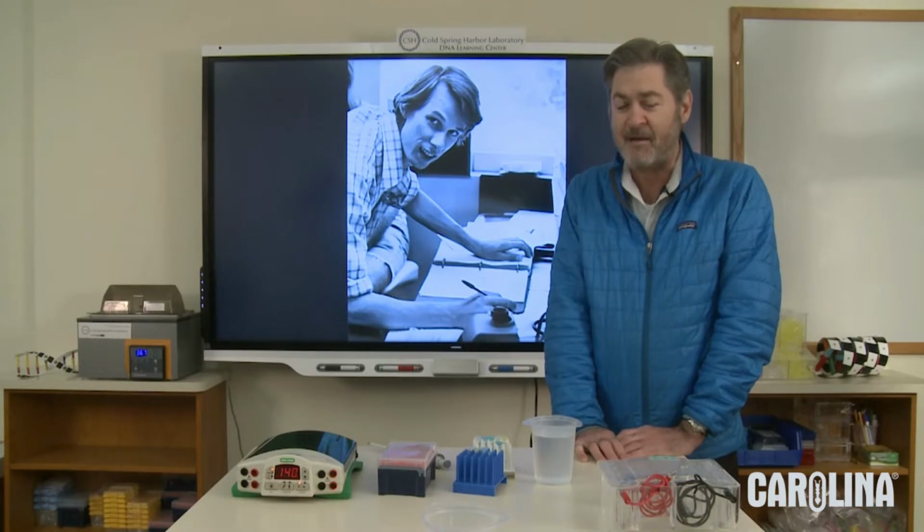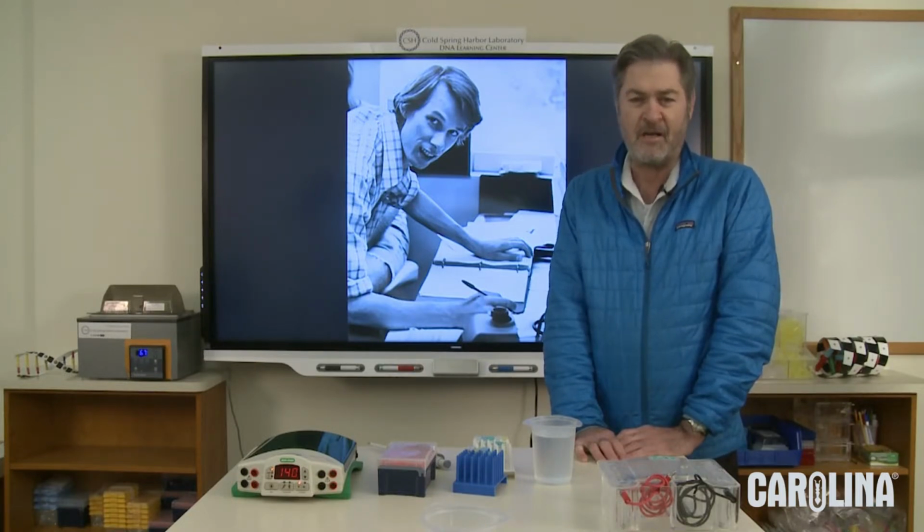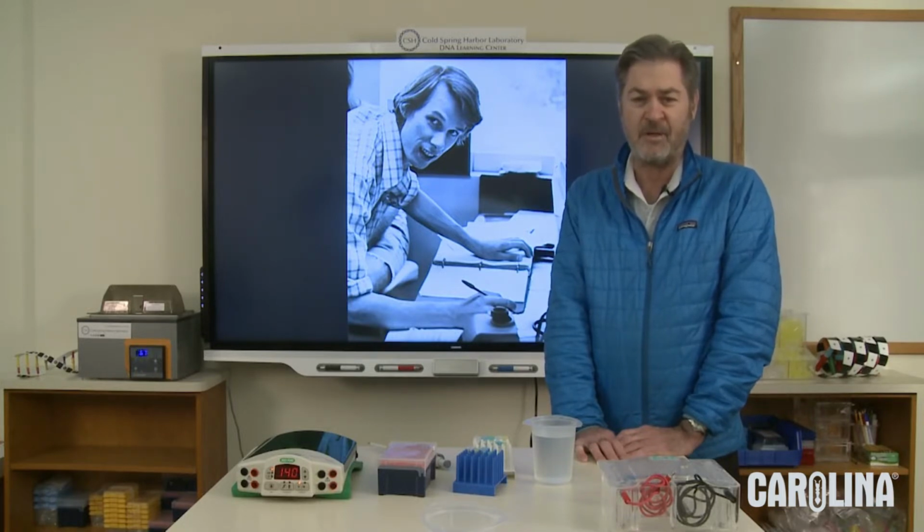But at the time, he was the leader in discovering restriction enzymes, the very tool that you'll learn how to use today. So I want you to know that this experiment is not only being broadcast to you from the DNA Learning Center of Cold Spring Harbor Laboratory, but it also virtually came from this place as a molecular technique.